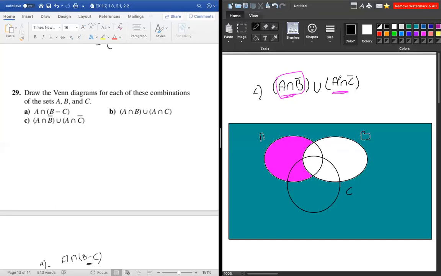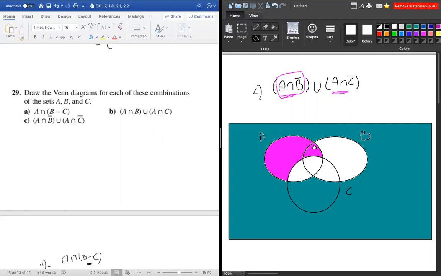And then anything intersecting with A, which will be this part, including this part, and excluding this part. So this here represents A intersection C complement, right?